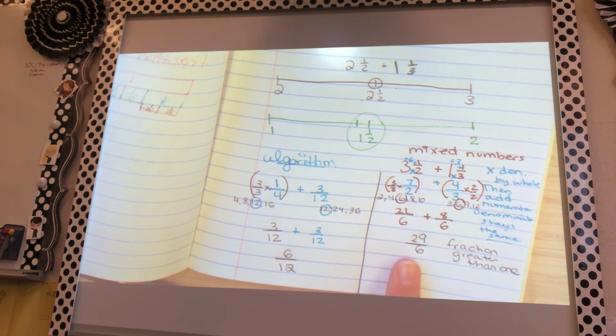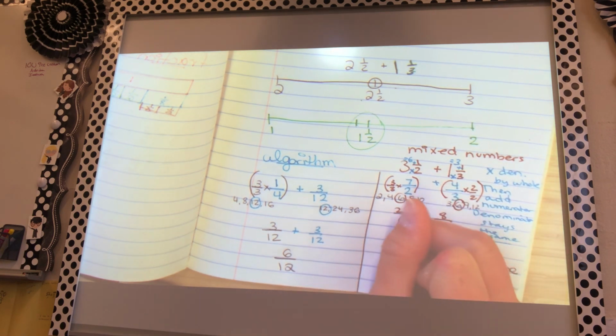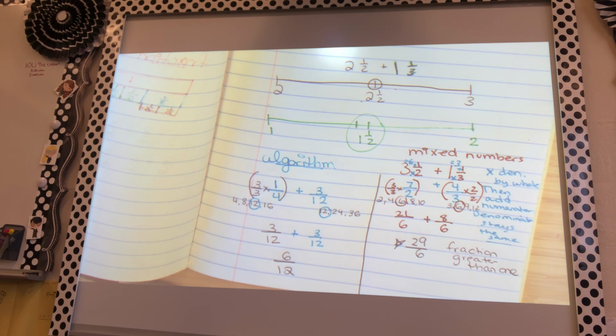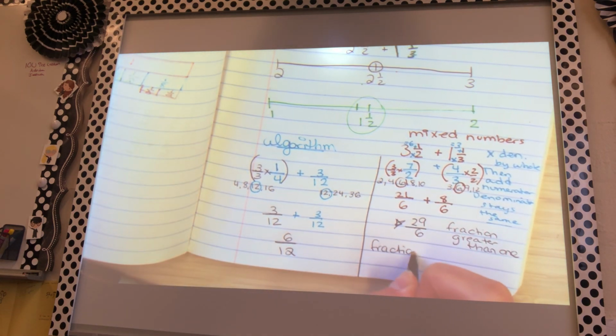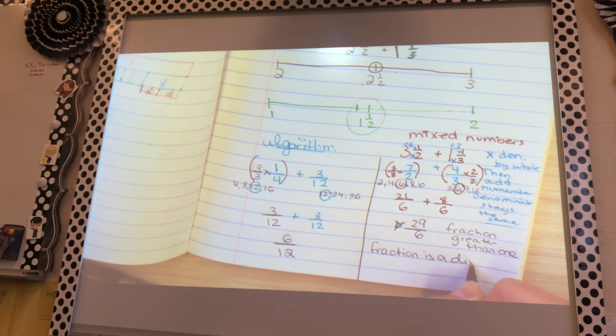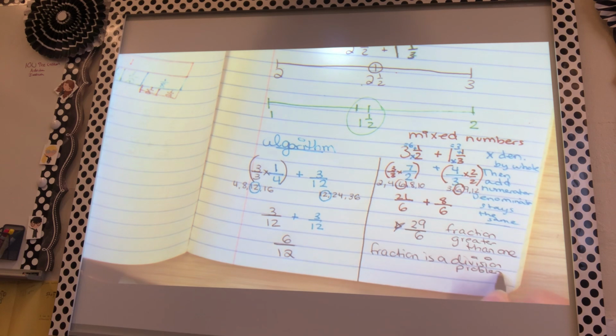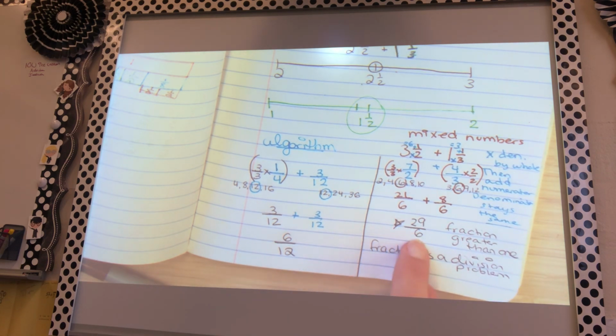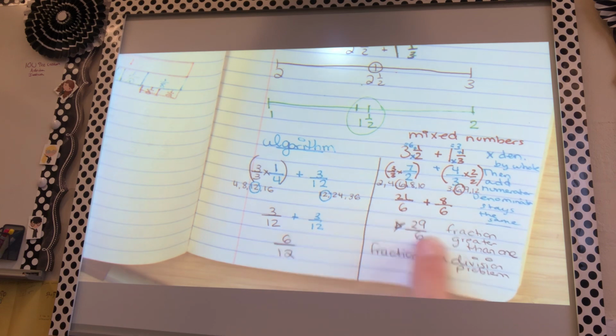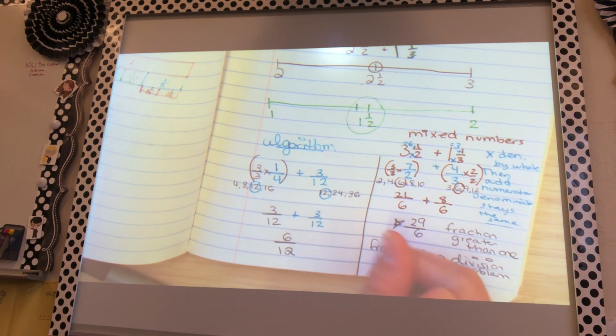So since this is a fraction greater than 1, I can write it this way. Or I can know a fraction is a division problem. So 29 is divided by 6 because that'll tell me how many sets I have. 29 divided by 6.